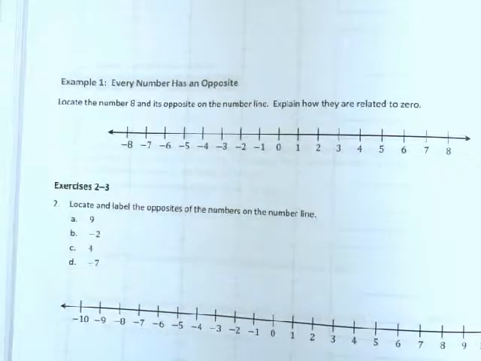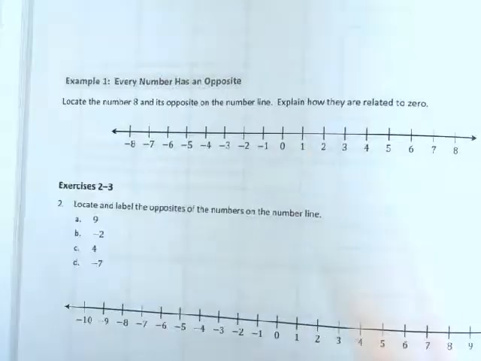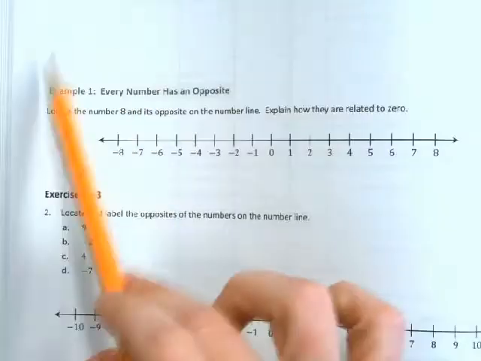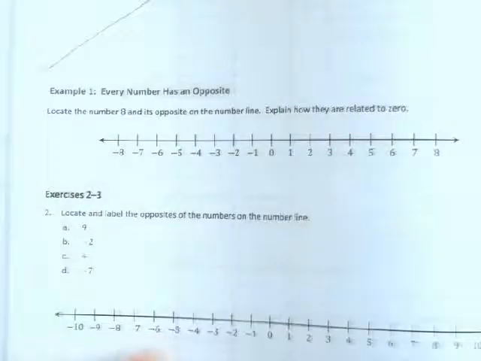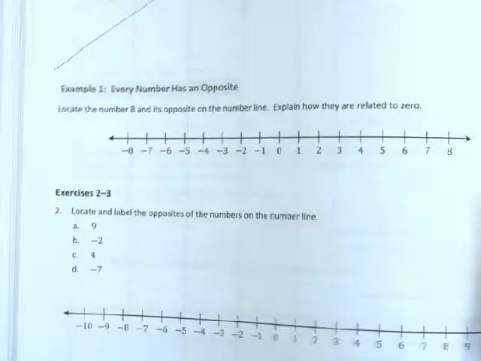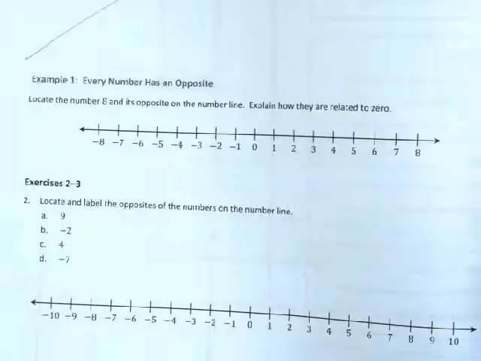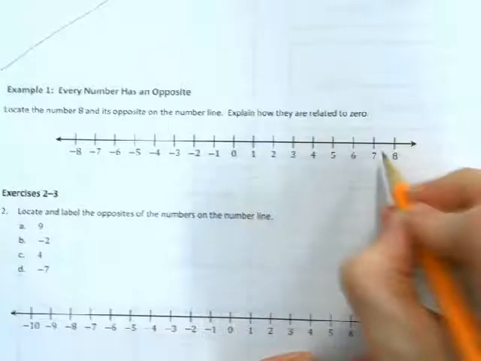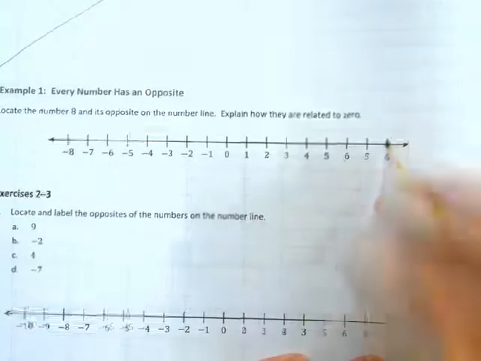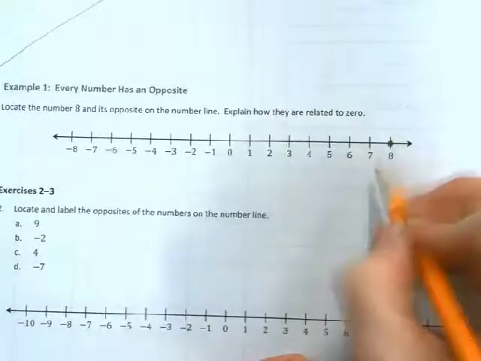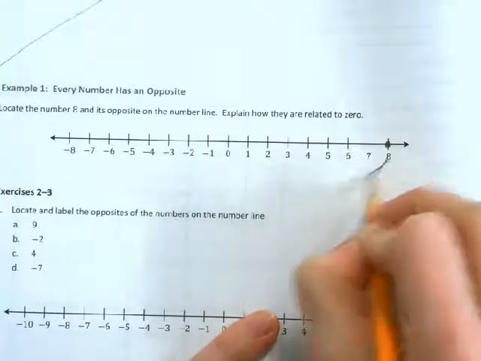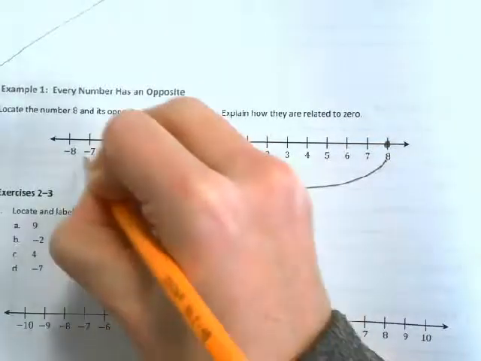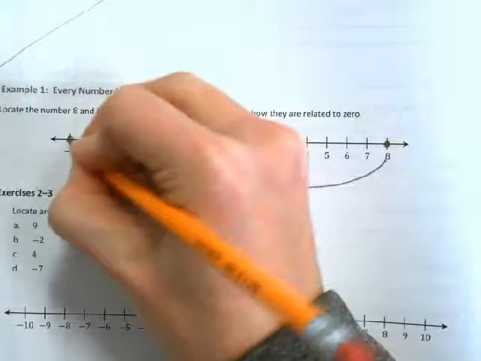In the book, we're going to jump down to example 1. So we did the number line on the papers last week with the Post-its. It asks you to locate the number 8 and its opposite on the number line. Explain how they are related to 0. So we're going to locate number 8 first. And then it says locate the opposite of number 8. I'm going to go all the way over to negative 8.